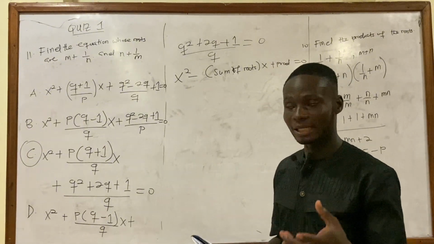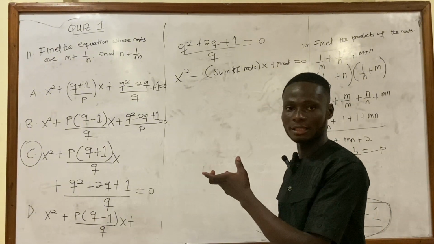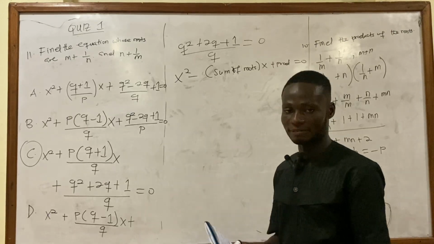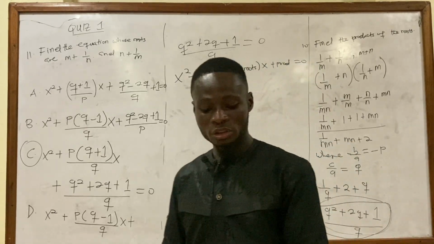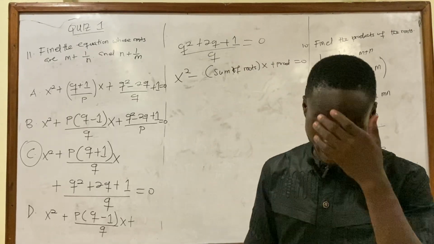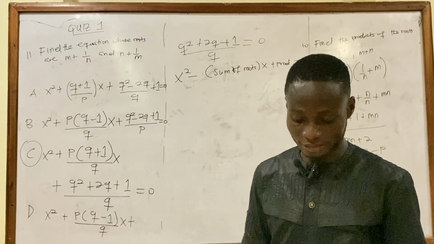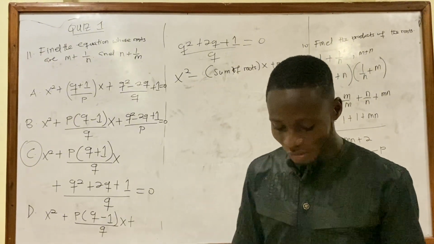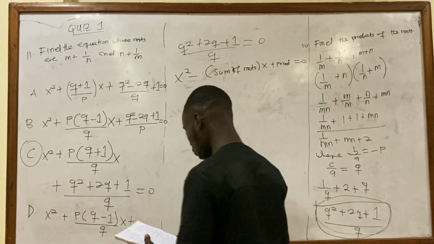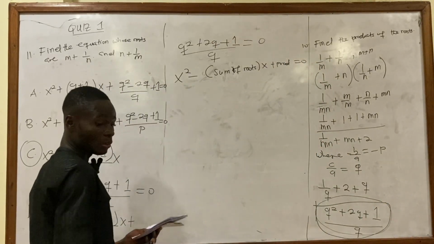So if you get question 9 and 10 wrong, it means you are getting 11 wrong as well. So please don't forget to check the solutions or your way of solving the questions well. All right, so let's move to the next question.